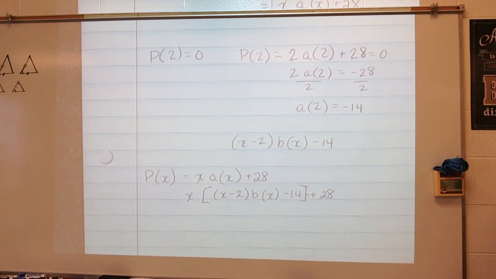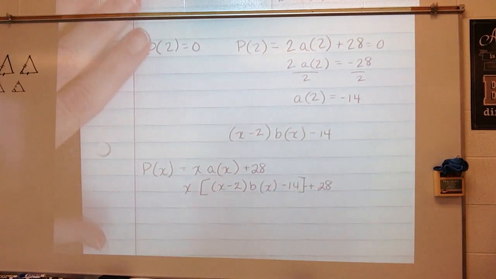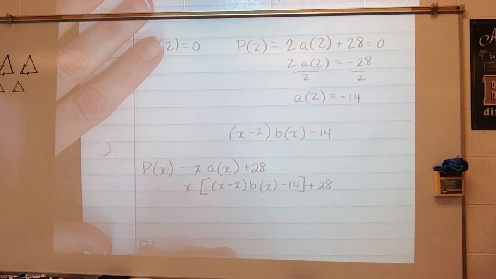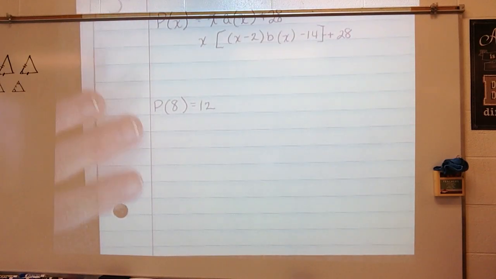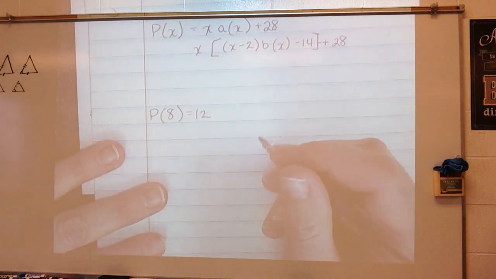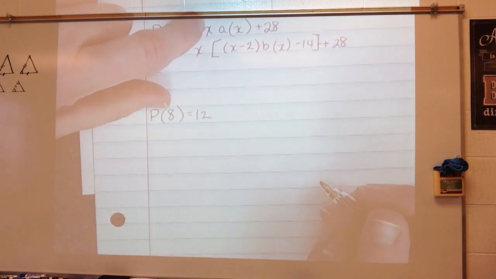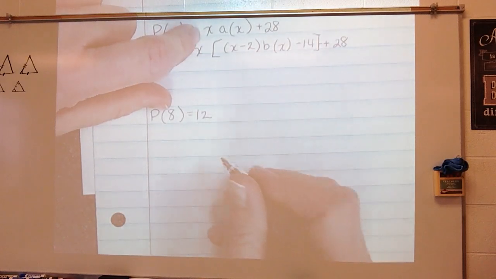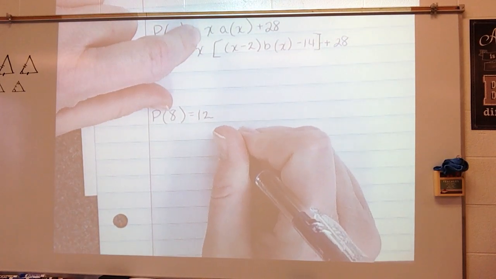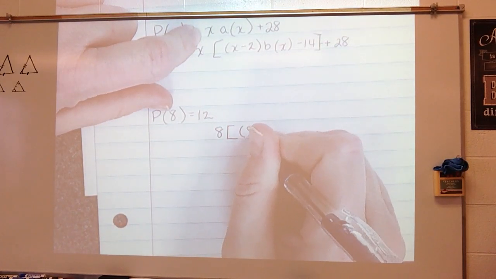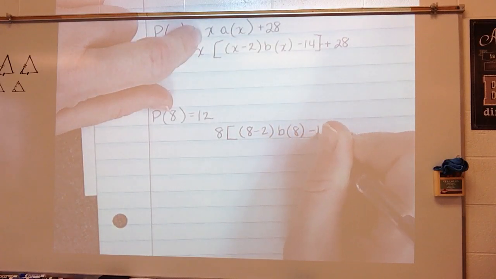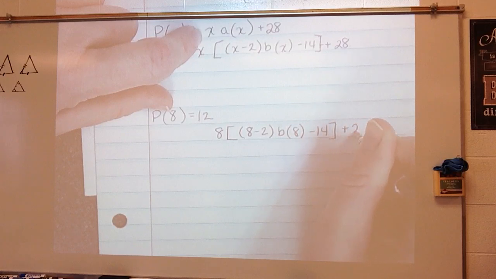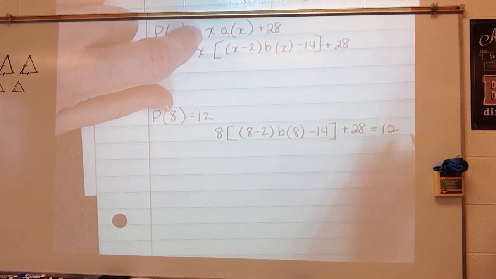Alright, so we've got a third point. Our third point is P of 8 is equal to 12. So we're going to plug that in. When x is 8, we have 8 minus 2, b of 8 minus 14 plus 28 is equal to 12.